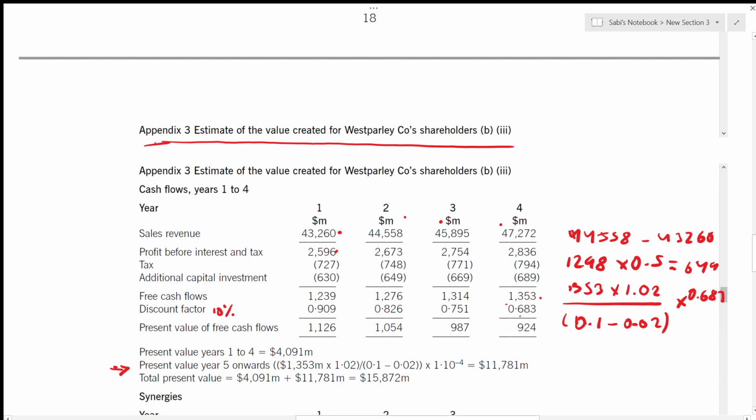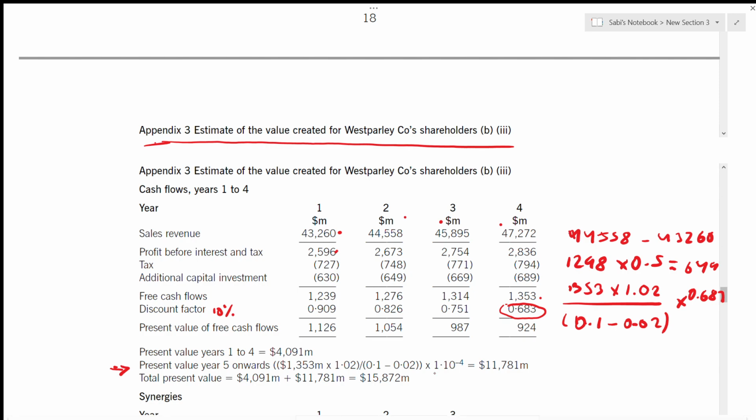You still have to use the last year always. It's not only for this; whenever you are given this perpetuity thing, growth after this year onwards, it keeps on growing. Always when you have to discount back and find the present value, you have to use the discount factor of the last year. In this case it is the fourth year, so 0.683, right?